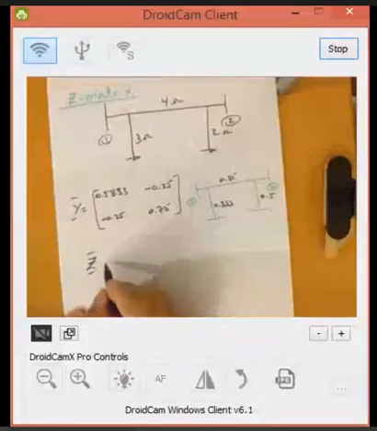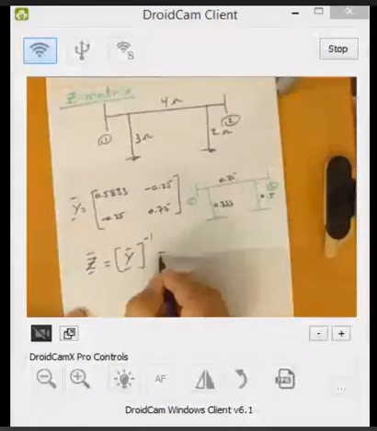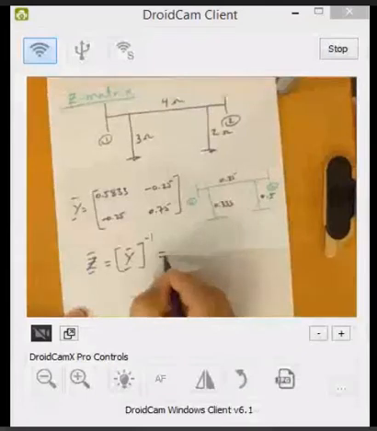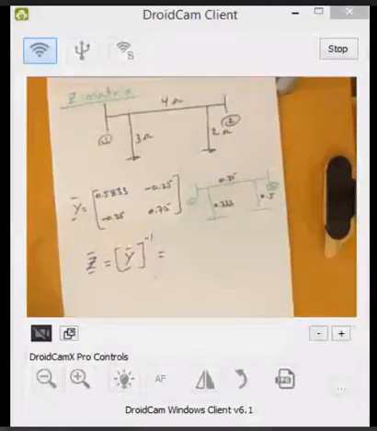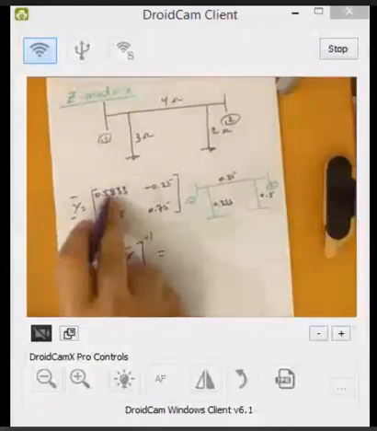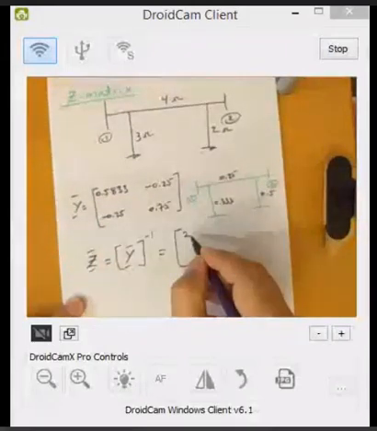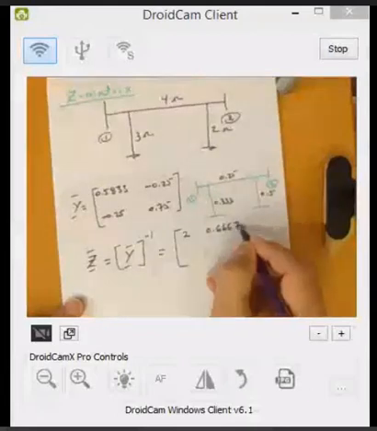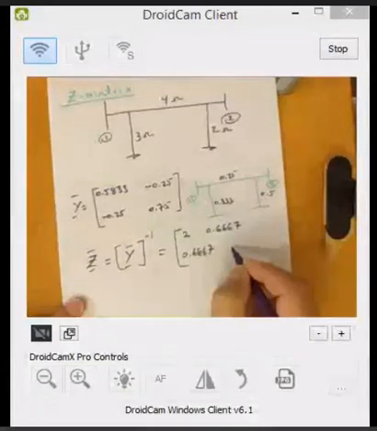If you try to find the inverse of this 2 by 2, it is 1 over the determinant, swap these 2 and change the sign of these 2. So 1 over the determinant multiplied by this one, then you get 2.6667, and here 0.6667, and this is 1.5556. This is the first way.